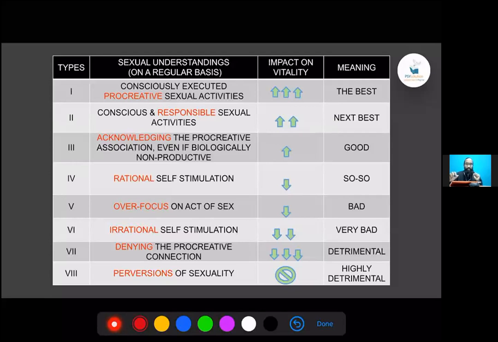Try and understand this aspect. So if you have a child, and if you do have an act of sex with your partner, then the love between the partners is enhanced, and that love between the partners will enhance the sense of security in your child.